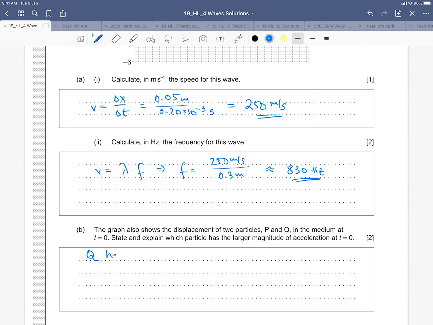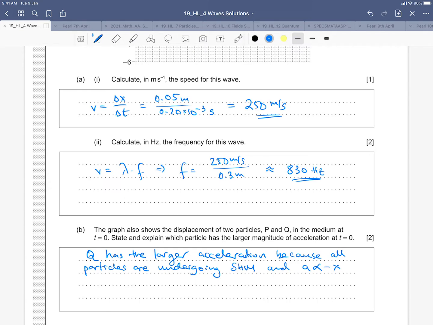So Q has the larger acceleration because all particles are undergoing simple harmonic motion and acceleration is proportional to the negative of the displacement, right?